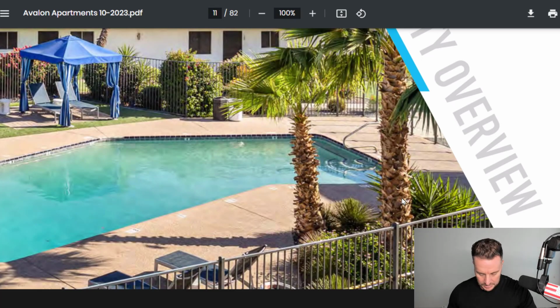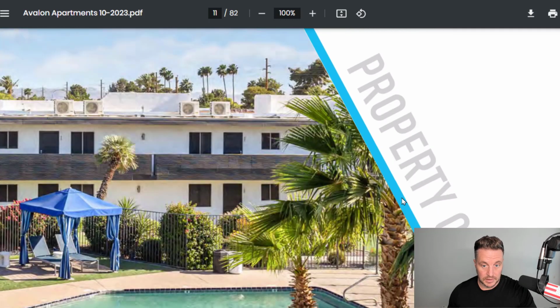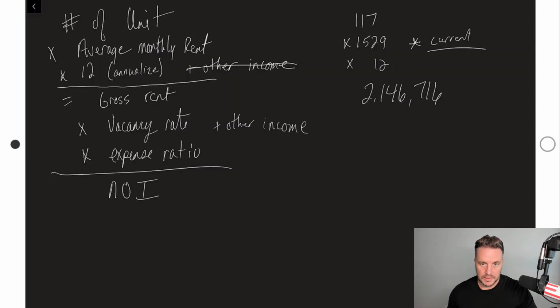This particular property has 12% vacancy. So if it has 12% vacancy, then what that means is that it's 88% occupied. Would you agree? So it's easier just to take this number and times it by 0.88. You can do the math the other way if you want, but trust me, this is a lot easier.